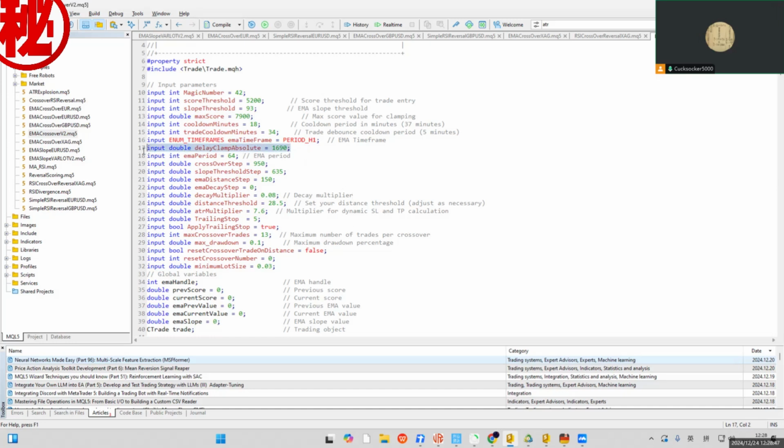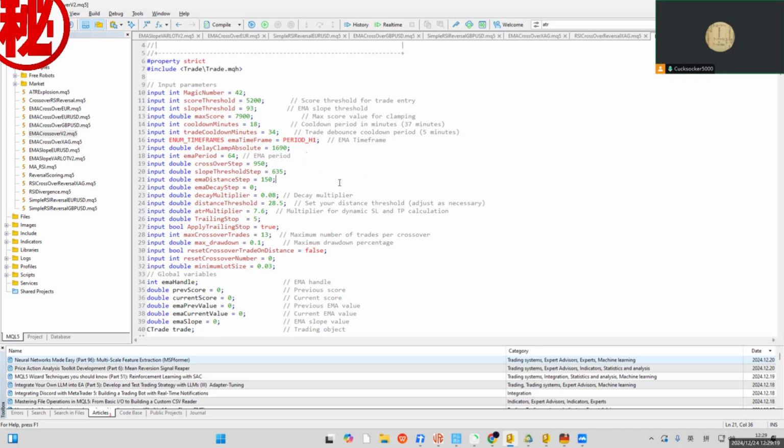The reason the decay clamp absolute exists is to prevent the score from reaching something like 1 times e to the power minus 31. If the decay clamp is lower than 1690, it will apply the score of 1690. So period 64, crossover step, slope over threshold step, EMA distance step.